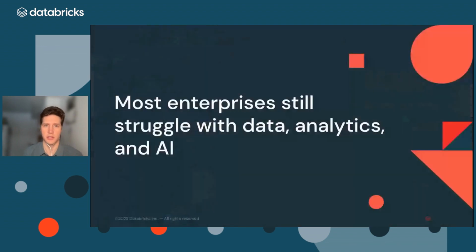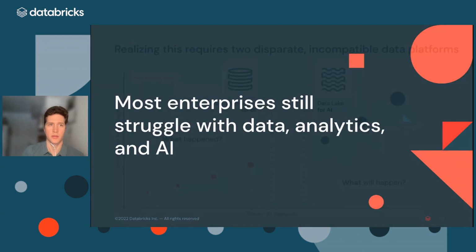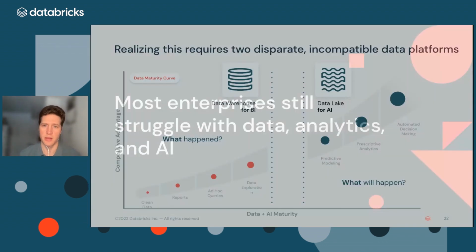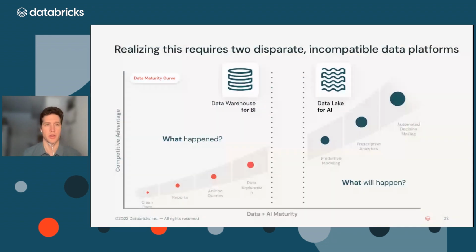Not everyone's having such a good time with the data and AI maturity curve and implementing AI into their enterprises. As a result, we can see that some enterprises still struggle with data analytics and AI. This can be explained by understanding that there are two systems that require maturity on the data and AI maturity curve.